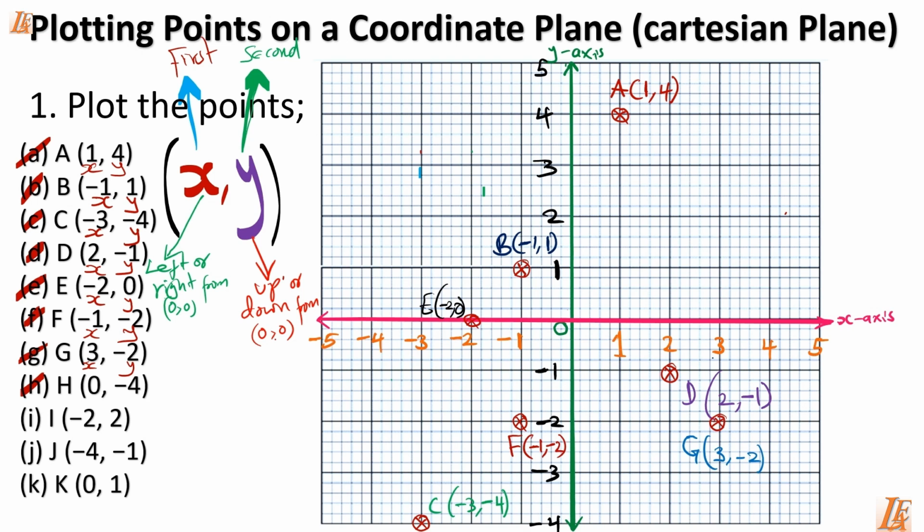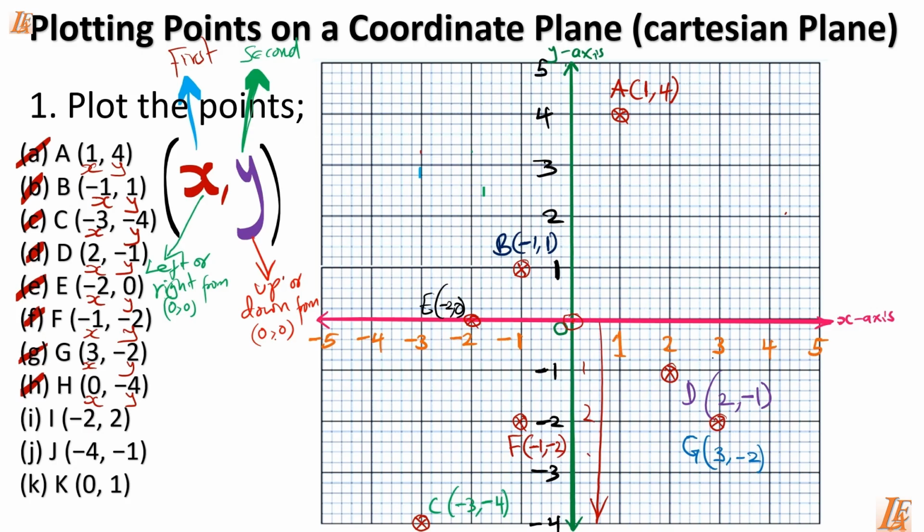Let's proceed. You have another point here called H. H is 0, -4. So on the x-axis, we don't move from the origin. Then on the y-axis, we move -4. So in this case, it means 0 on the x-axis, we remain at the origin. And then -4 on the y-axis, we move 4 steps downwards because it's -4.